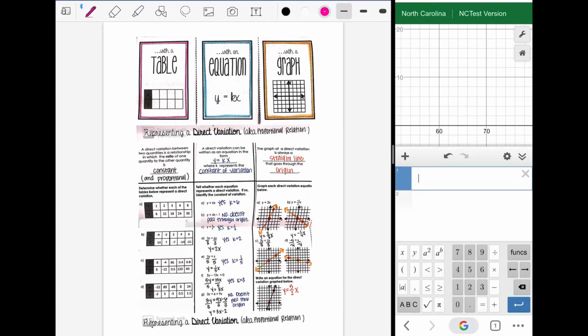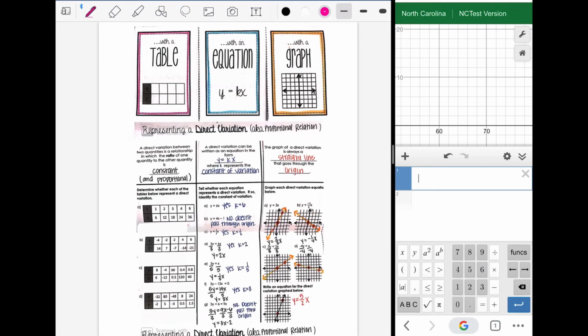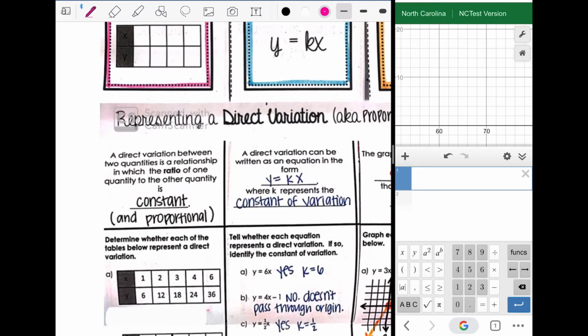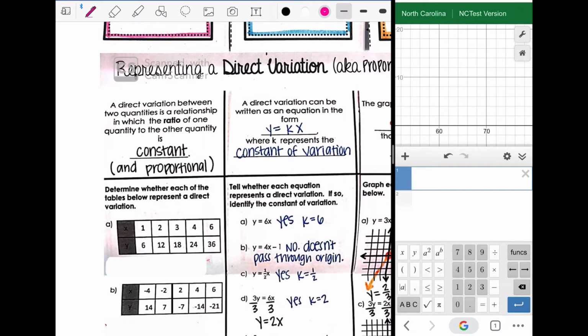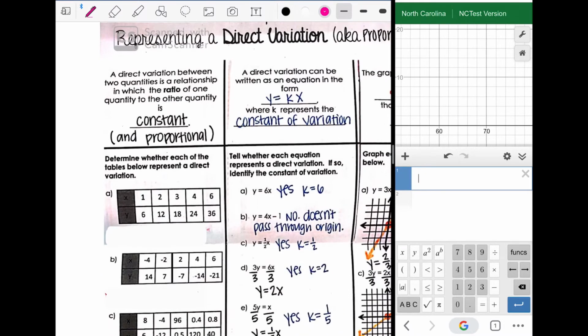So starting with a table, in order for a table to represent a direct variation, the ratio of y to x has to be constant or proportional. So what that means is the change in y, or the differences between the y values, and the differences between the x values is constant.